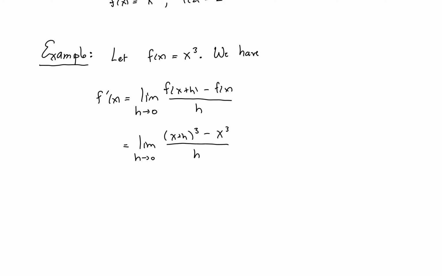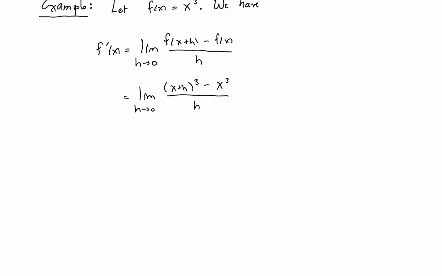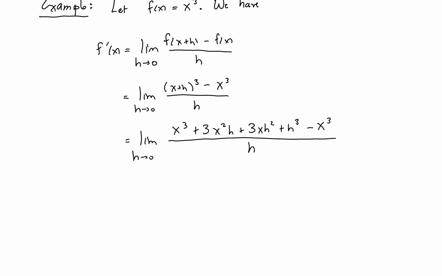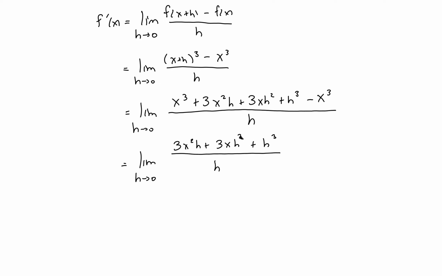Okay, so we just fill in for what f is. Now we're going to FOIL the first term out. That will give me x cubed plus 3x squared h plus 3xh squared plus h cubed minus x cubed, all over h. Notice the x cubes cancel, so I get the limit as h goes to 0 of 3x squared h plus 3xh squared plus h cubed, all over h.